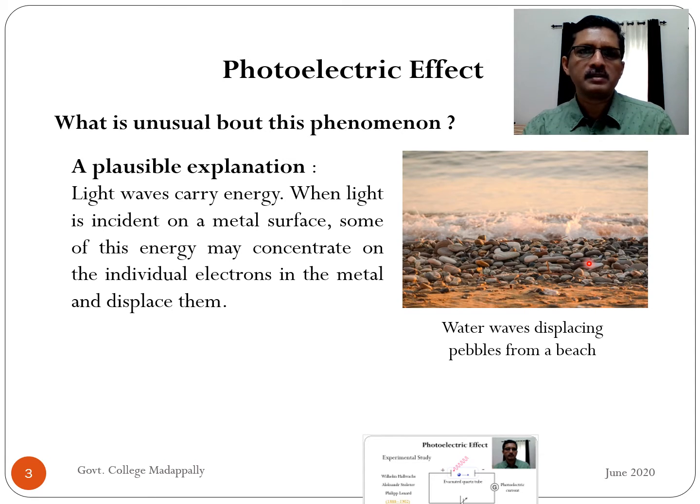In the same way, we can have a plausible explanation of photoelectric effect like this. Light waves carry energy. By light I mean electromagnetic radiation. So when electromagnetic radiation is incident on a metal surface, some of this energy may concentrate on the individual electrons in the metal and displace them, just like the water waves displacing pebbles on a seashore.